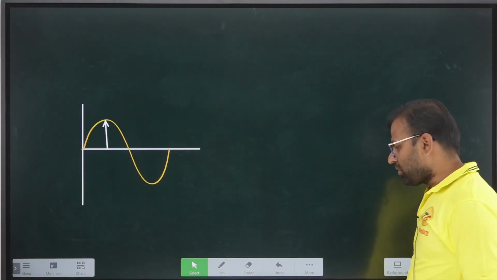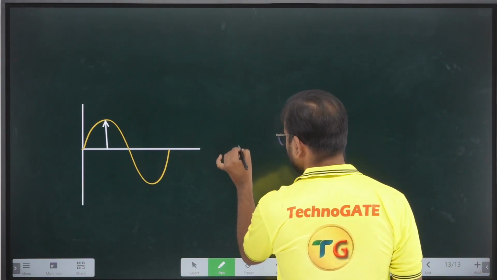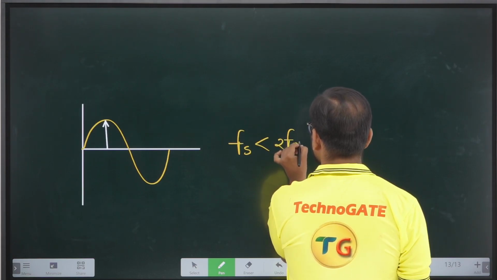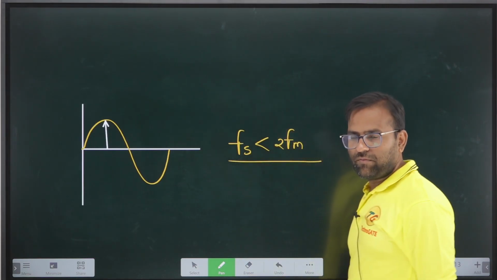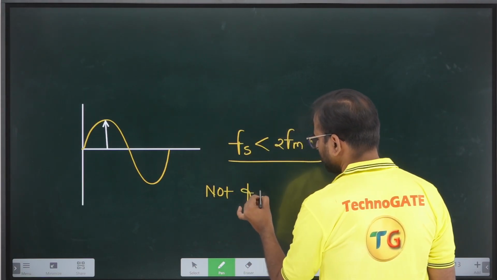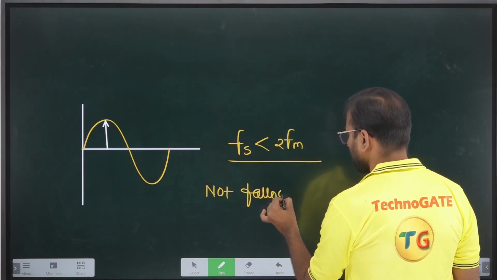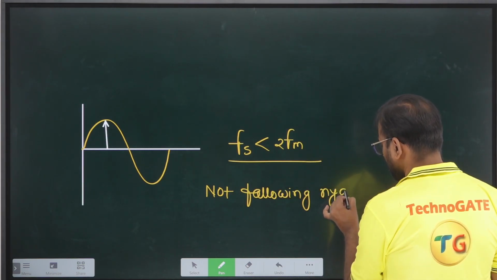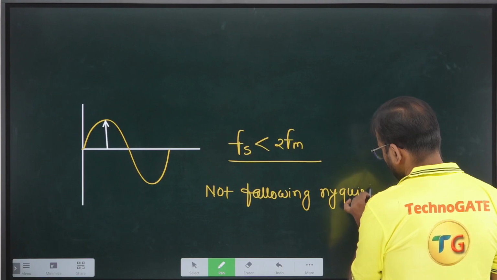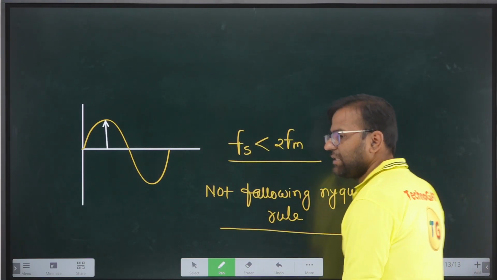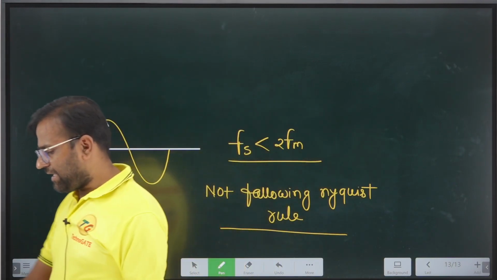So you cannot reconstruct the whole message, and this is known as fs less than twice fm, not following the Nyquist rule. This is the whole idea.